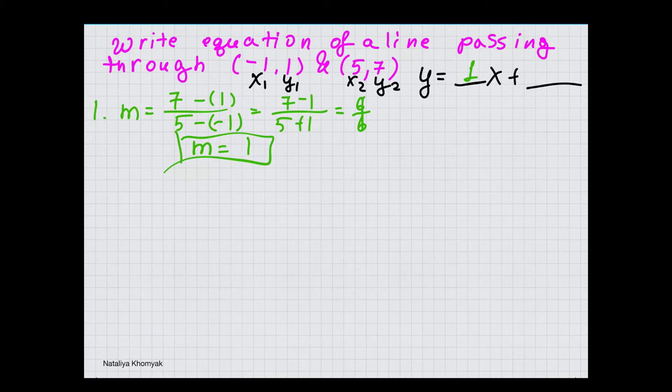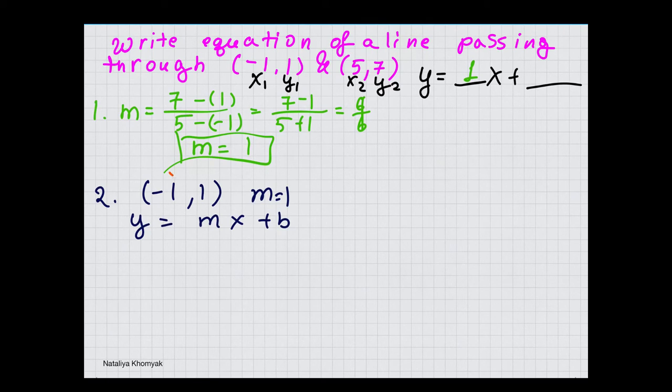So we have part of the solution. Then we want to take one of the points. It does not matter which one. So let's do negative 1, 1, and the slope, which is 1, and substitute it into y equals mx plus b.